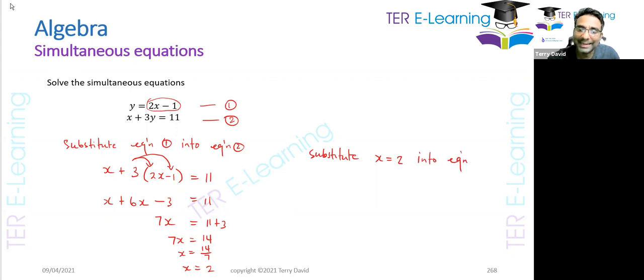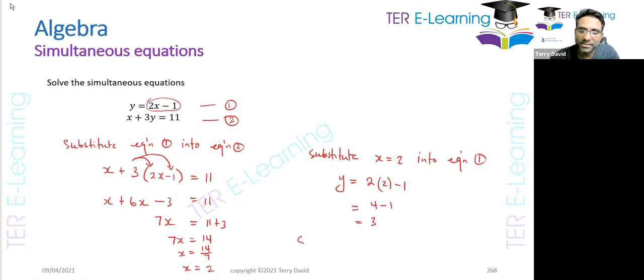Now you could have put it in any one of the equations, but I'm going to choose equation 1 because equation 1 is already written in the form y is equal to something. So this is going to become y is equal to 2x minus 1, so it's going to be 2 multiplied by 2 minus 1. So this is going to be 4 minus 1, which is equal to 3.